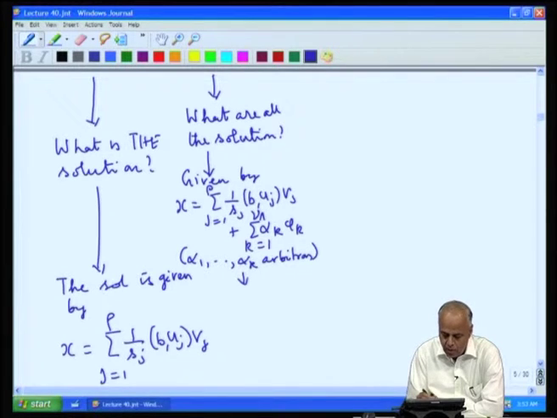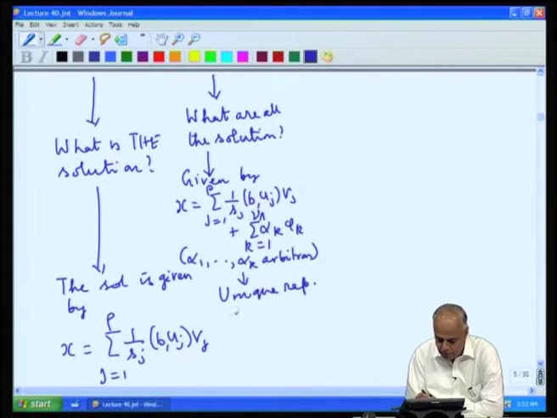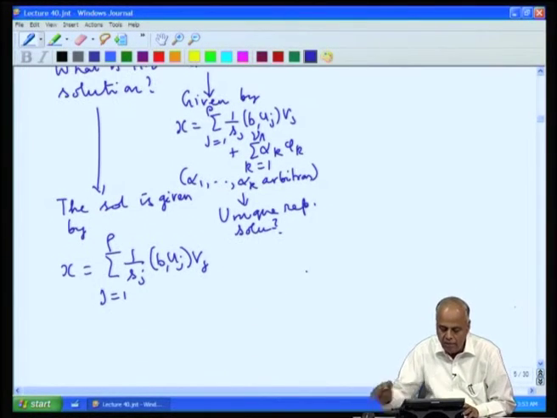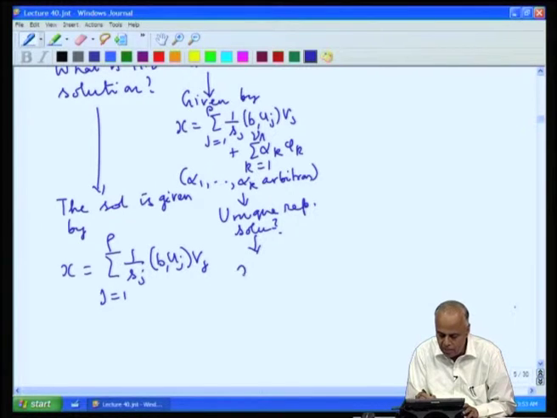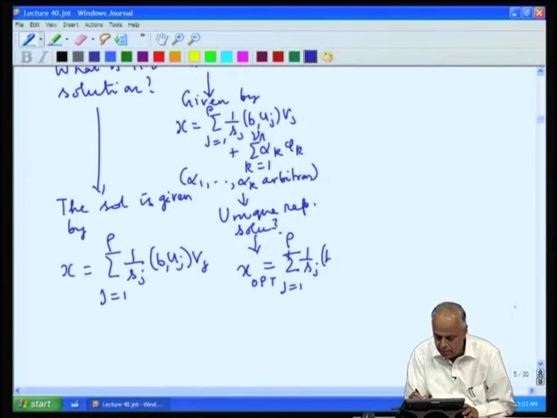Then we asked for a unique representative solution. Is there anything like that? And we found that that is given by x optimal, which is summation j equal to 1 to rho, 1 by S j b u j v j.